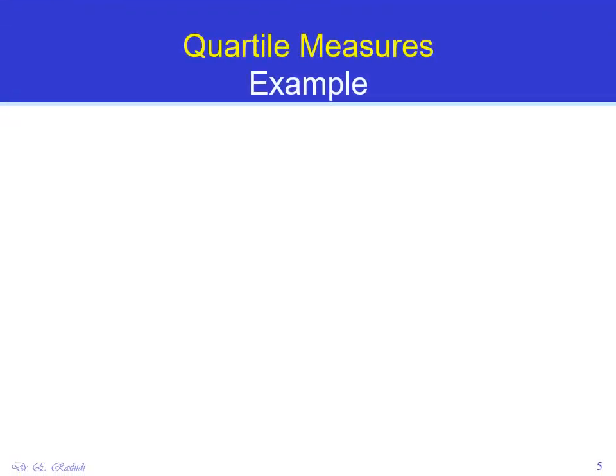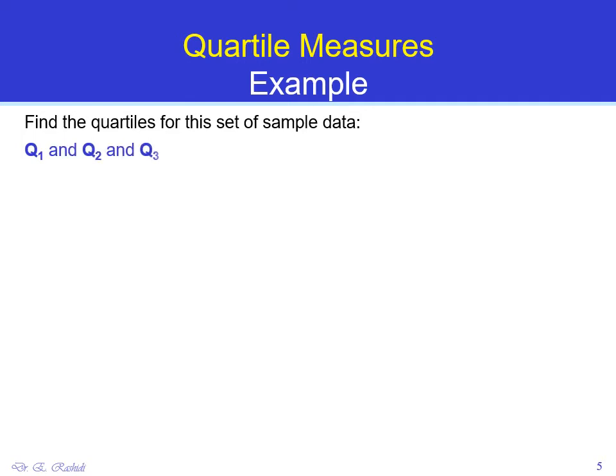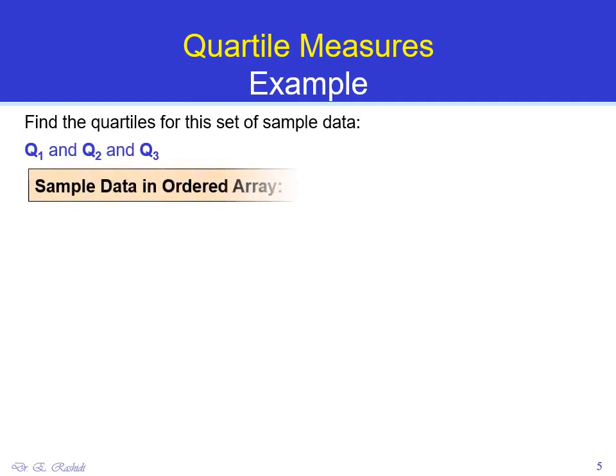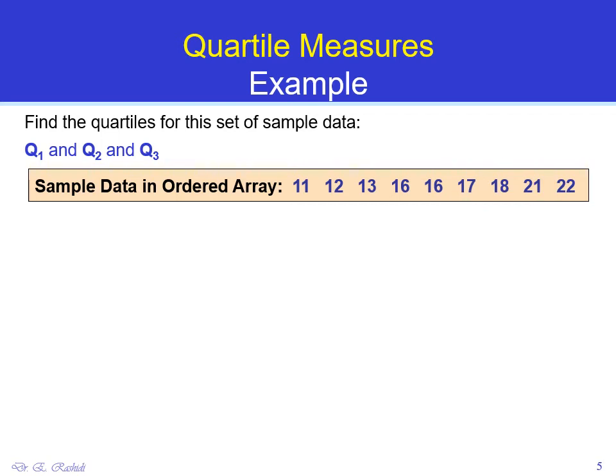Let's do an example and find the quartiles for a set of data. Suppose we want to find the first quartile, second quartile, and the third quartile of the following set of data. Please pause the video, work on the example, and then come back to see the solution. Okay, let's do the example.